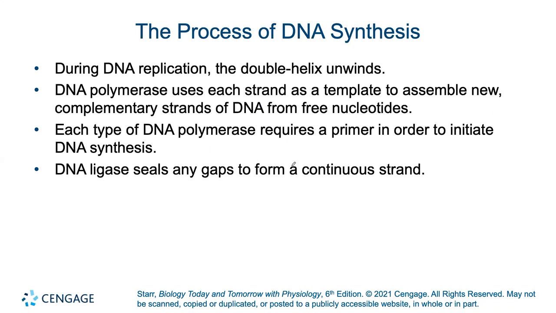During DNA replication, the double helix has to unwind. DNA polymerases use each strand as a template to assemble the new complementary DNA from nucleotides that it brings in. Each type of DNA polymerase requires a primer in order to initiate DNA synthesis. Okay, DNA ligase will seal the gaps and form a continuous strand once it's finished.